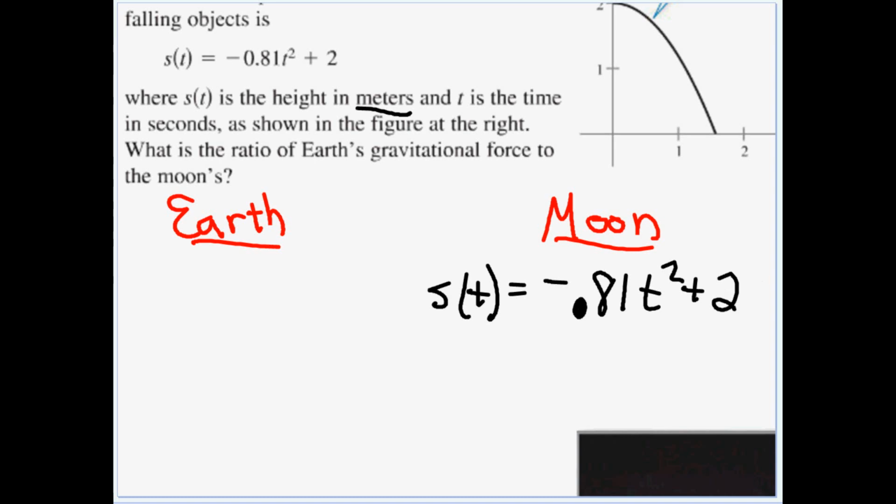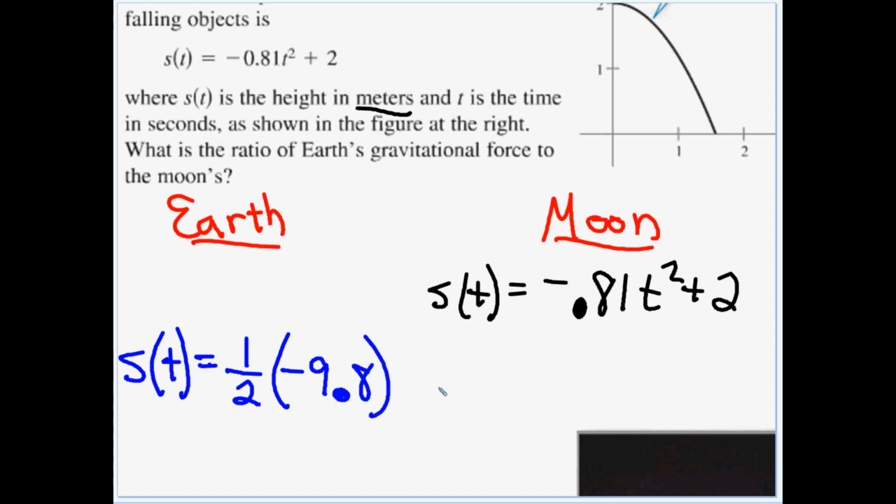The position function in the last section, right before the diver off the diving board, was the generic Earth position function, and that was 1/2, and then there was a g in there. That was Earth's gravitational constant. On Earth, that was negative 9.8 meters per second squared, so that would be 9.8 times t squared.